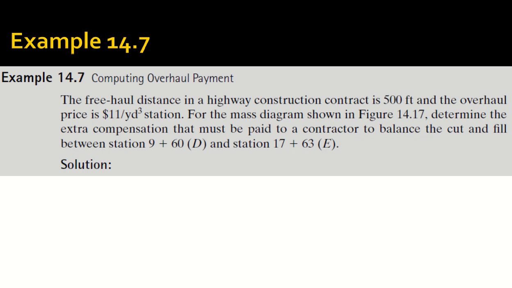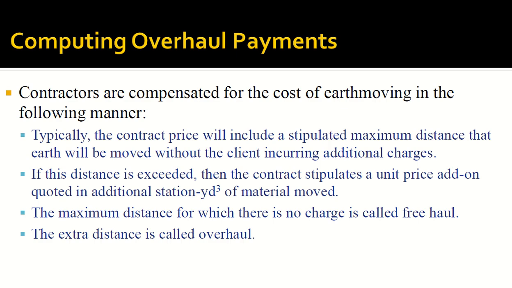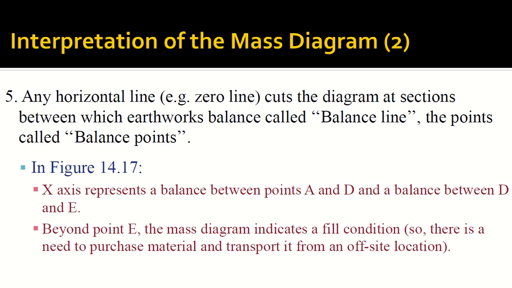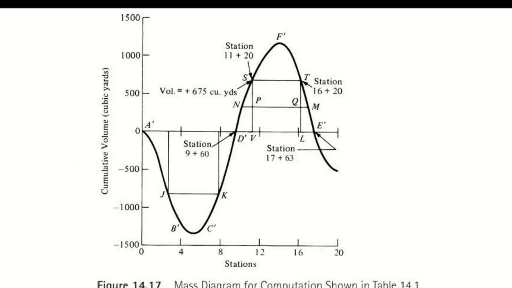So if I go to the diagram, I have to find points which are 500 feet from each other, and between these 2 points he can transfer the material completely, balance.